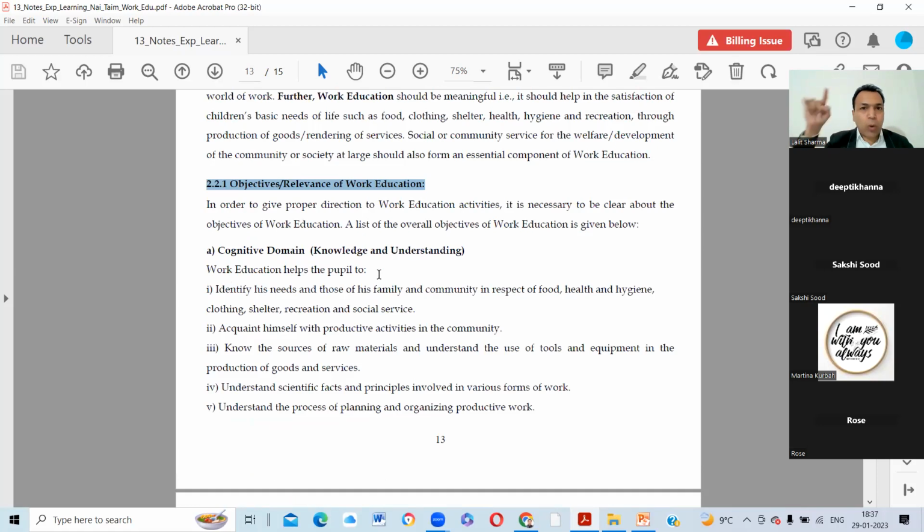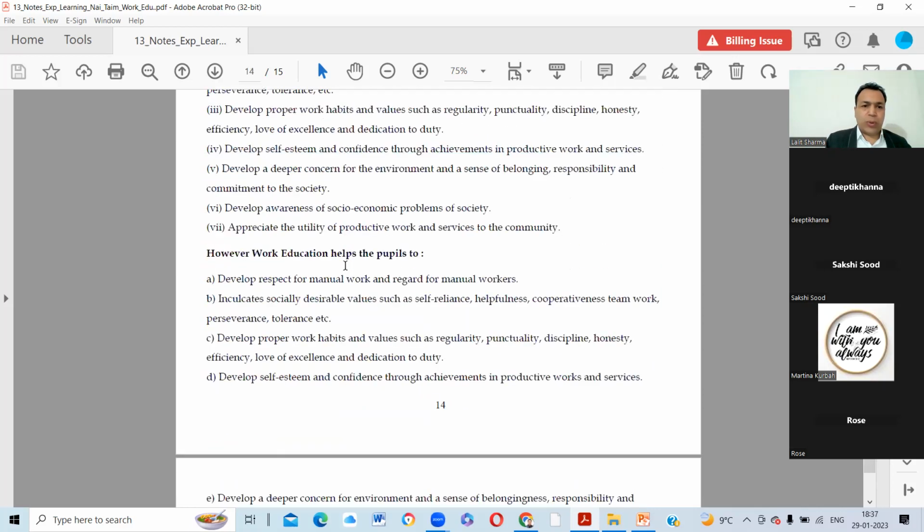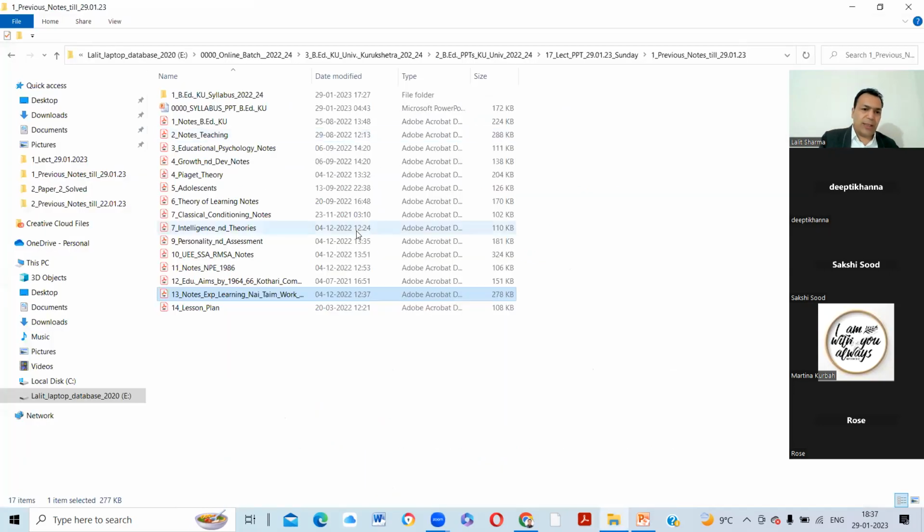So guys, these can only be aroused by these methods, by work education, by Nai Talim, by experiential learning. Only then can you draw out the best from the mind of the student. So first read it, then you will come to know. Later on I'll ask you about all these things. So we are done with experiential learning and Nai Talim.